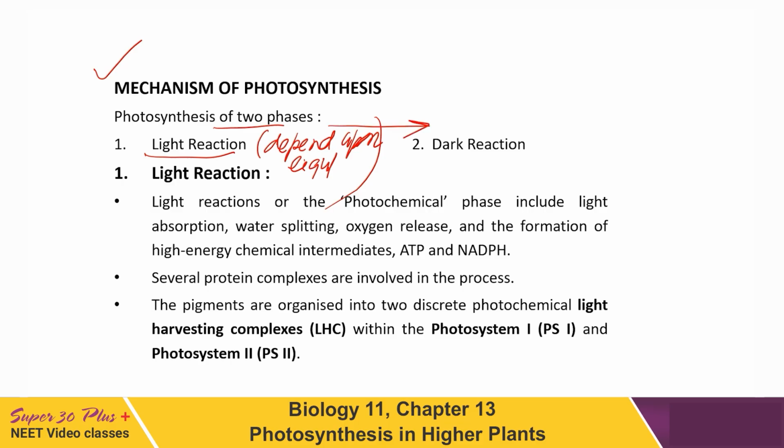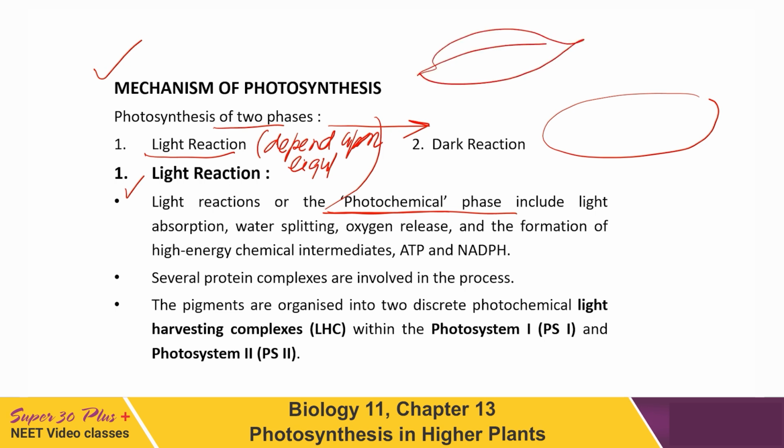First light reaction, then it is followed by dark reaction. Light reaction is also called the photochemical phase. What is there in this? Roughly speaking, let this be the chloroplast, let this be the leaf here. In the leaf, this is the mesophyll cell, and this is the nucleus.